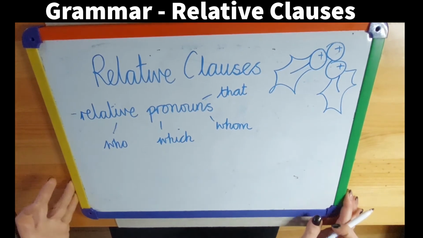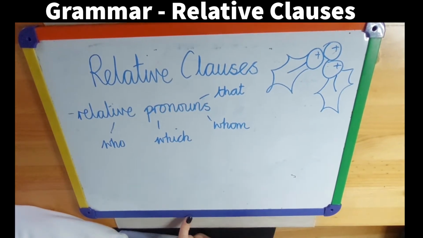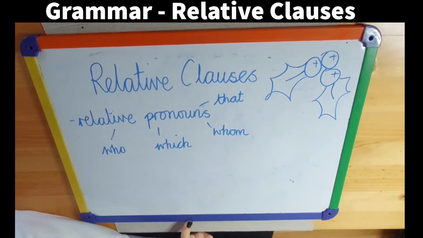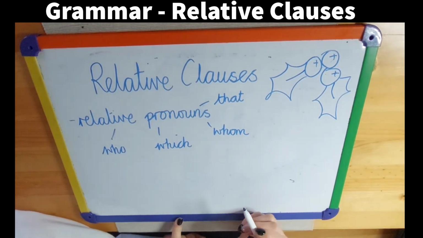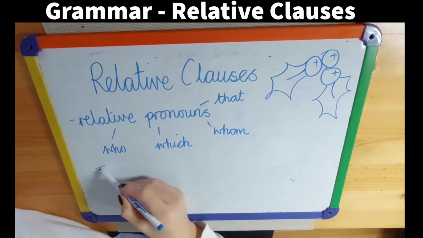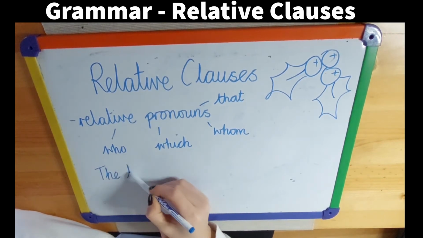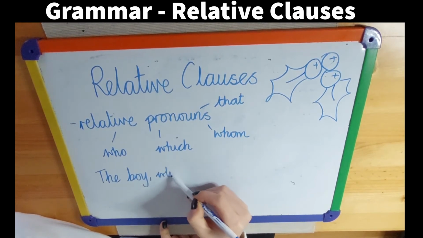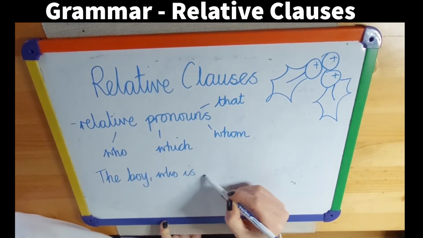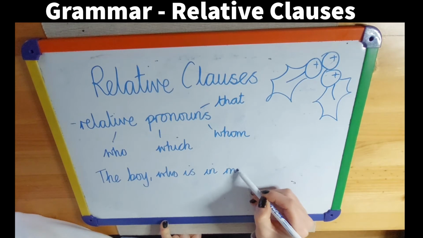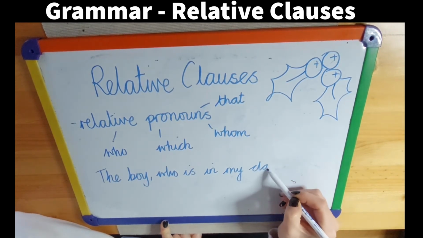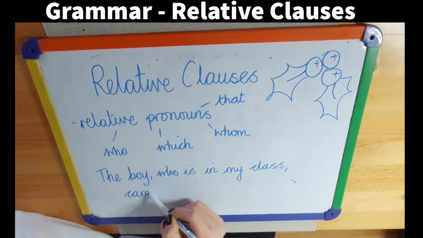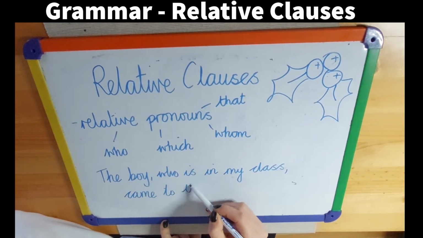Now, when we have a relative clause, they can come in the middle or they can come at the end of a sentence. So I could say, for example, the boy who is in my class came to the park.